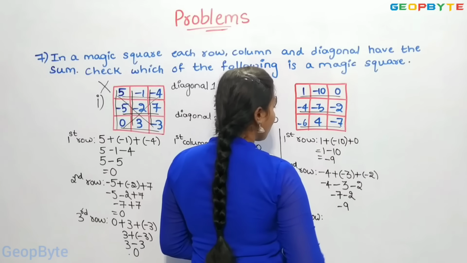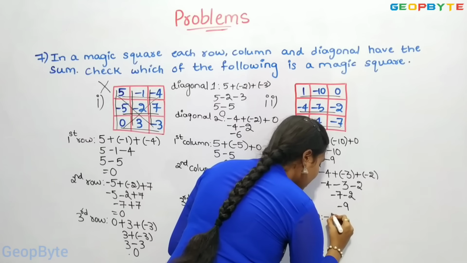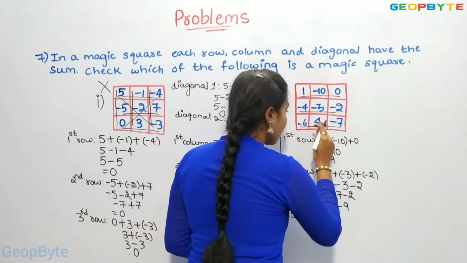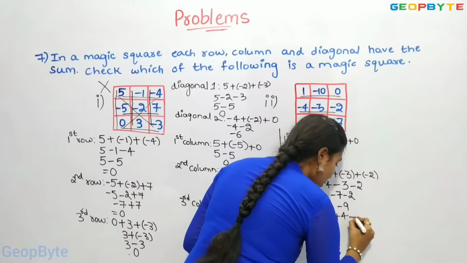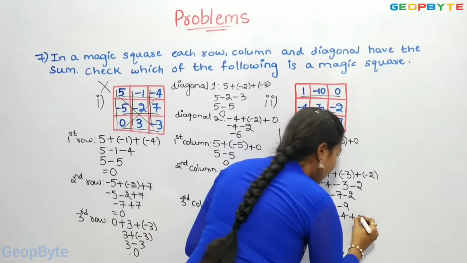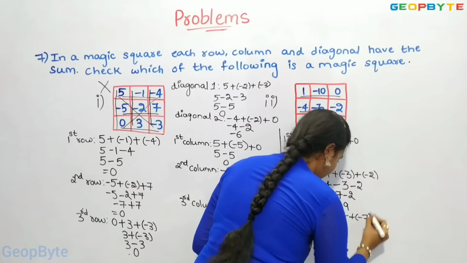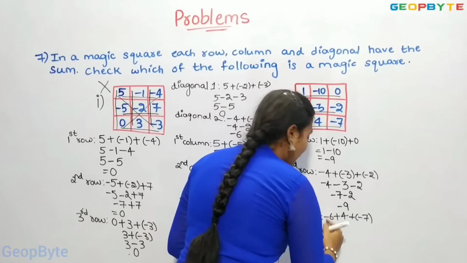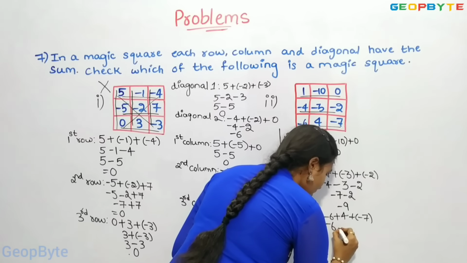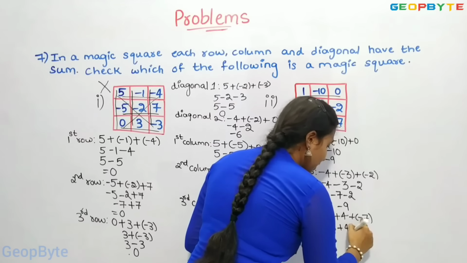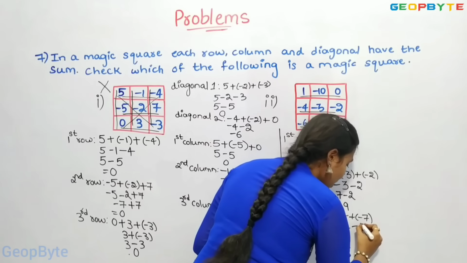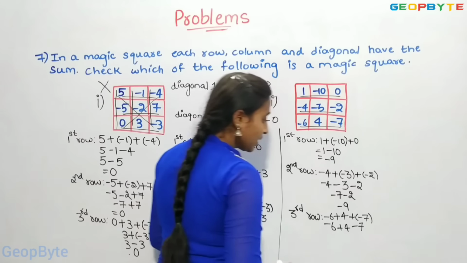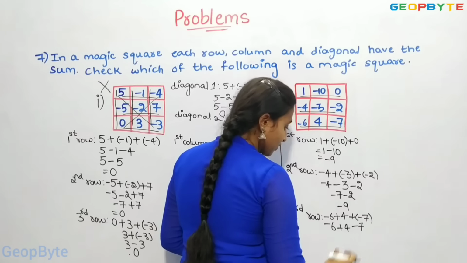Now let us go with third row. In third row we have minus 6 plus 4 plus minus 7. Now minus 6 plus 4 plus into minus minus 7. Let us add the negative numbers first.